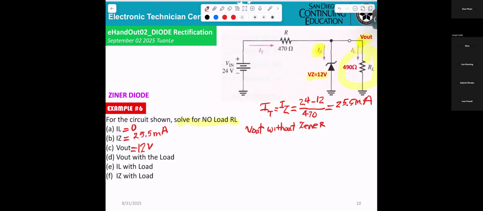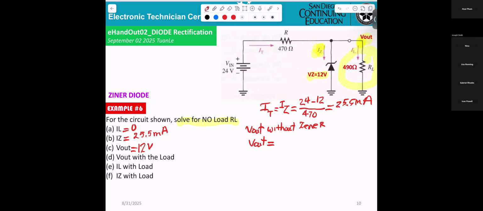So what does V out equal? How do I calculate V out as if we don't have a Zener there? R plus RL, divided by 24? Who knows how to get V out?